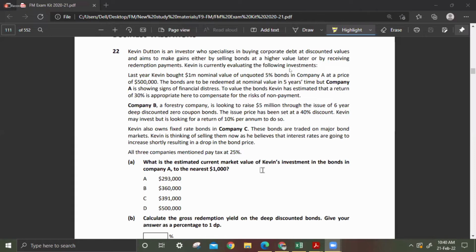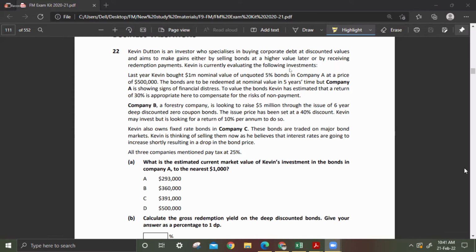Let me repeat the statement for you all. Market value of an investment is equal to present value of its future cash flows discounted at investors' required rate of return. Heard of it, no? Not new. Perfect.